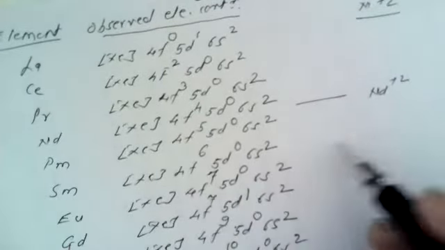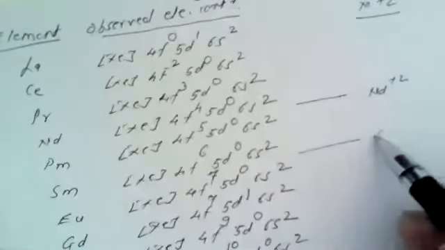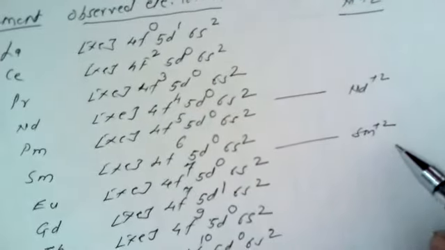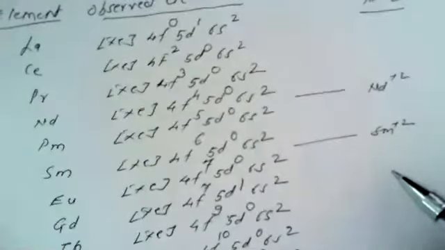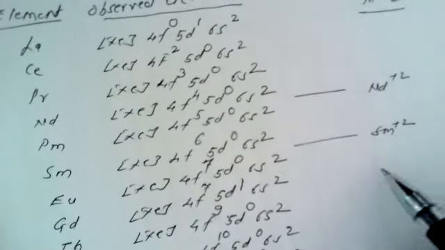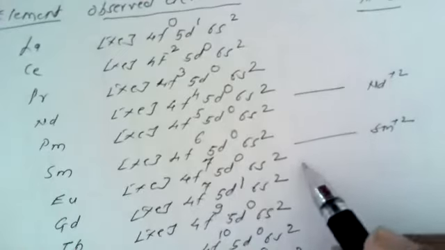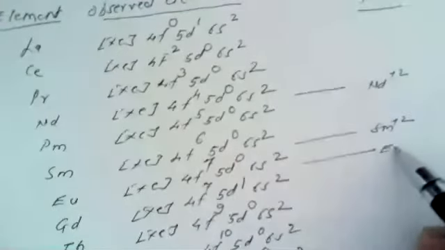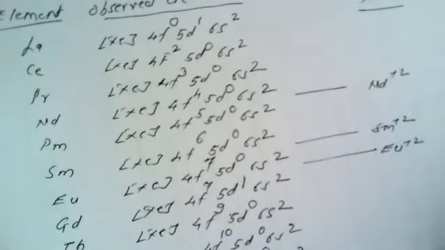Then 62, samarium, shows a lower oxidation state of +2, samarium +2. Then europium, Eu +2.